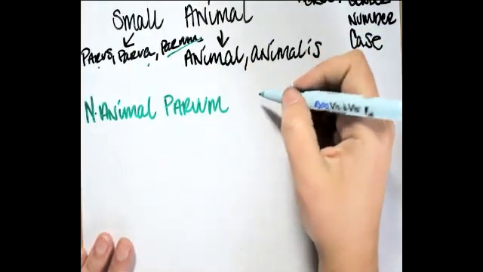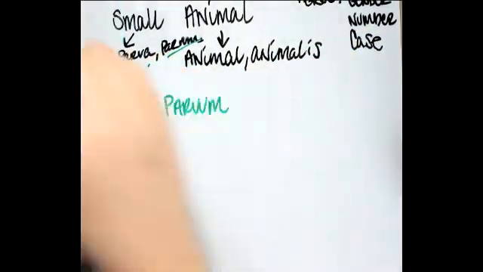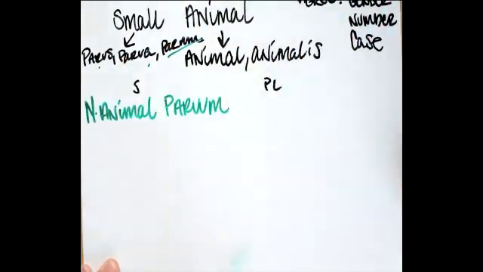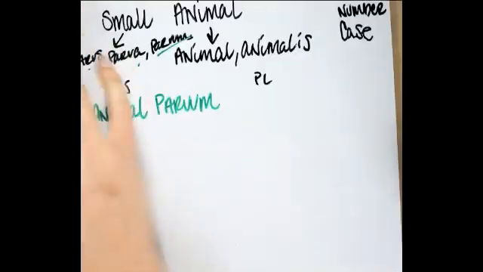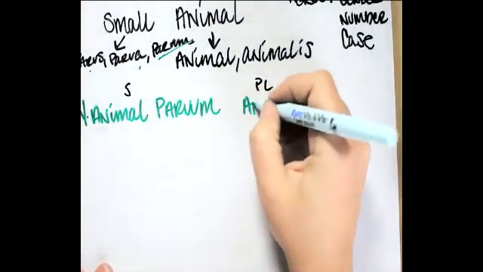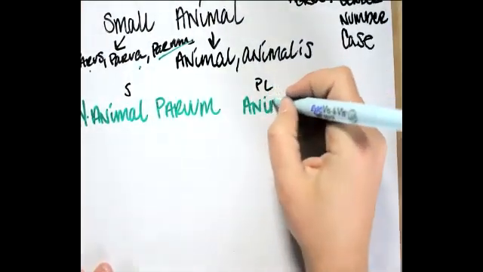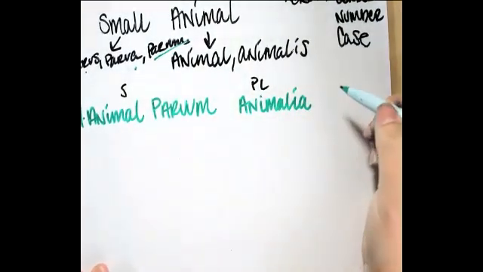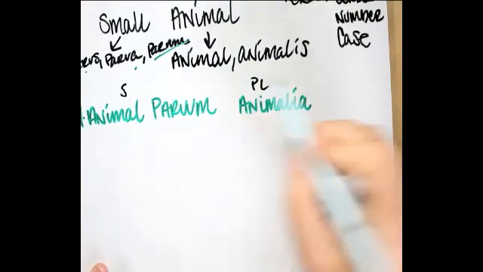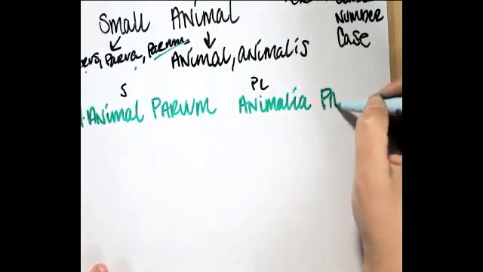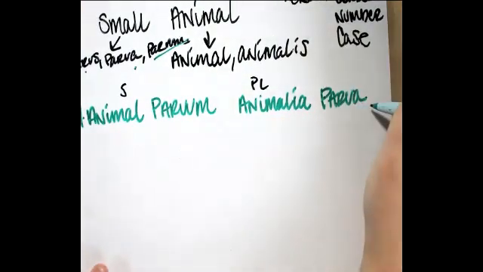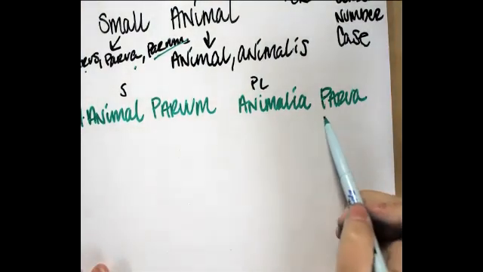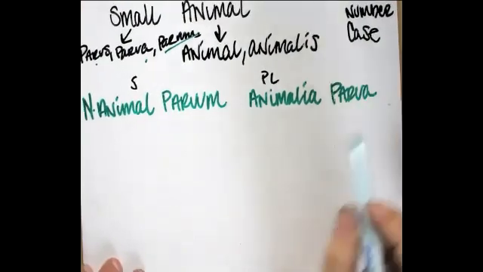Our plural form, like we just declined animal, we know it's animalia, and the plural form of parvum would be parva, because we are using this adjective in its neuter form.